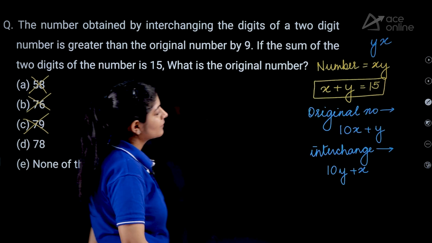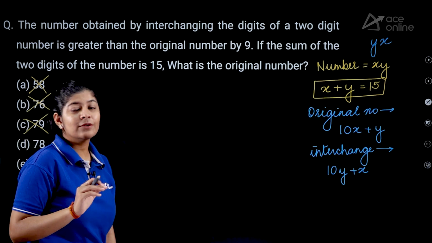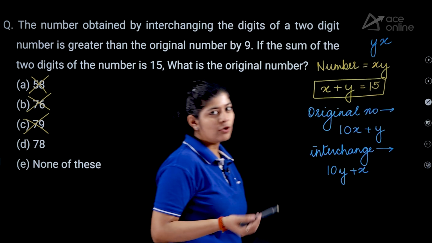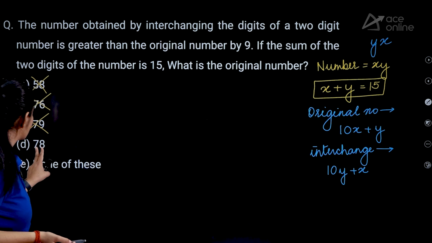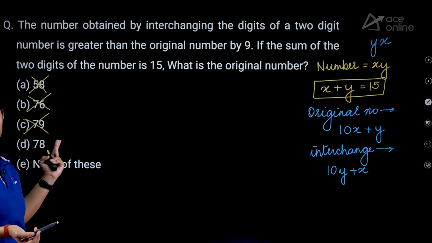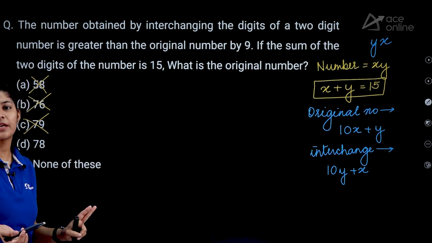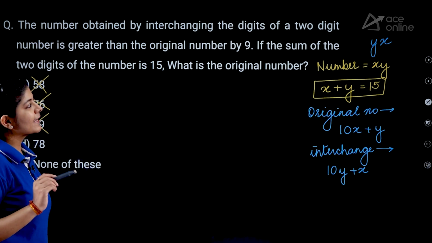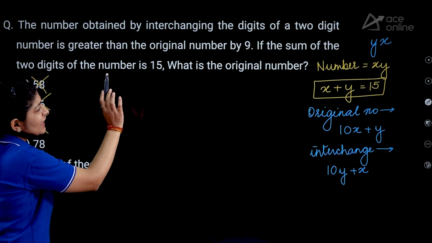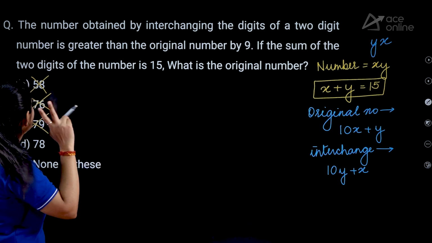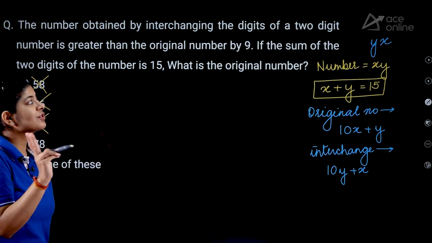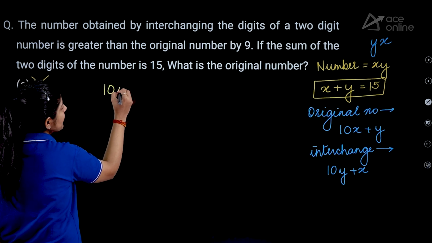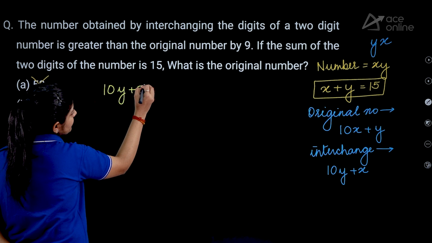Okay. Now, you can also go with the options: just reverse the number and try to find out whether the values satisfy it or not, right? Now, my question says that the number obtained by interchanging the digits of the 2-digit number is greater than the original number by 9. So my interchanged number is 10y plus x.